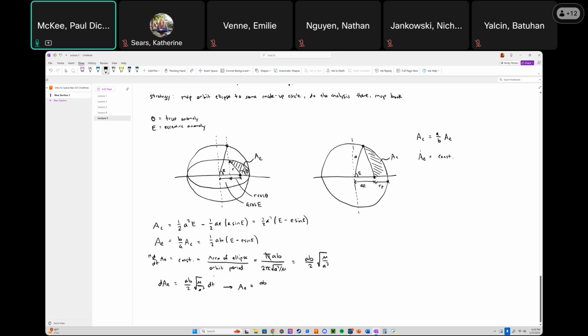So it's AB over 2 square root of mu over a cubed, integral from some initial time to some final time, dt, which is just AB square root of mu over a cubed, and then just the time since the initial time, if that makes sense.